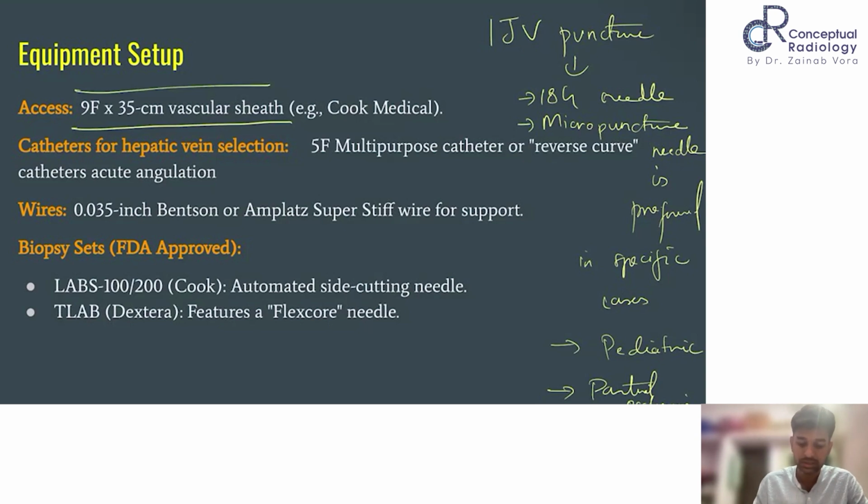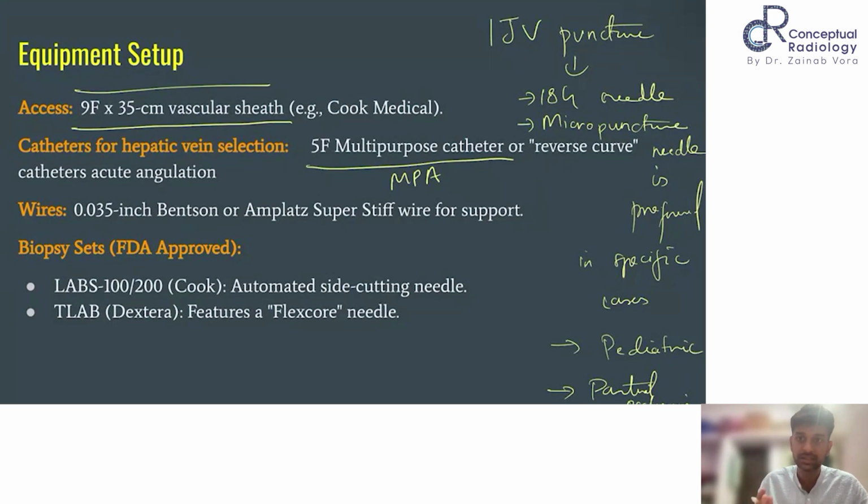Once the sheath is in position, we use a catheter with wire. The most commonly used is the MPA catheter, which is a multipurpose catheter, because cannulating the right hepatic vein is easier, and that's why it's the preferred vessel to be selected in TJLB. Once we cannulate the right hepatic vein, we exchange it with the long metallic cannula, which comes in a specific set.